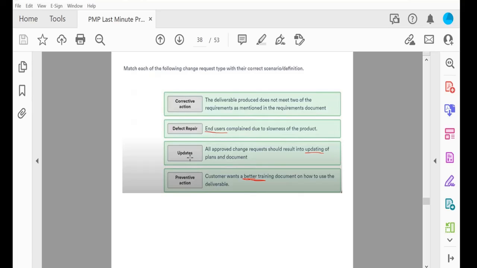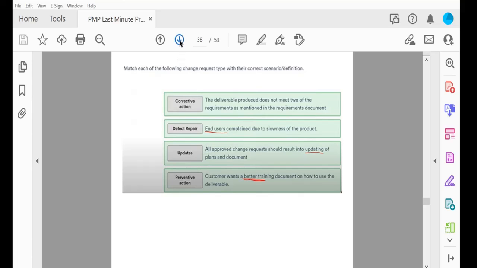And update is not a scenario, but in the question they also provide update. Update means all approved changes should be updated. This is the keyword. And then preventive action: training, testing, or changing the leadership, inspection. These are the keywords that you can catch.